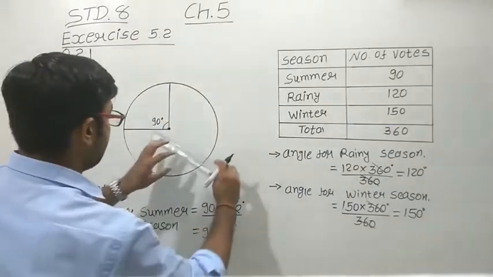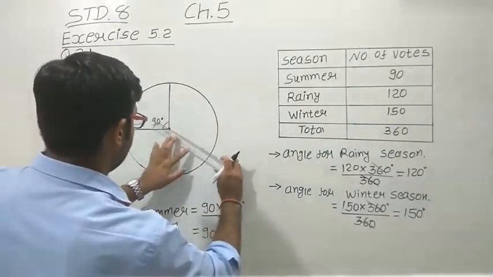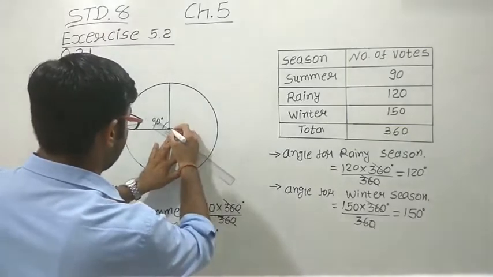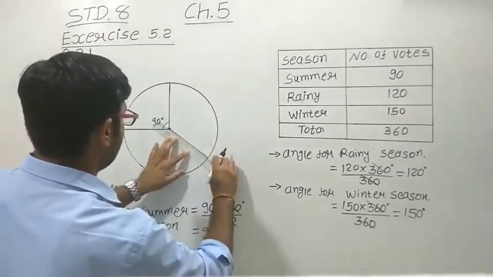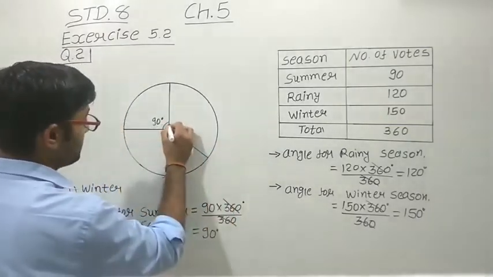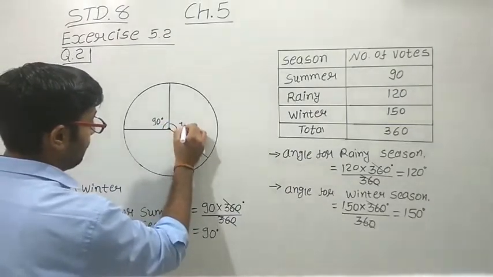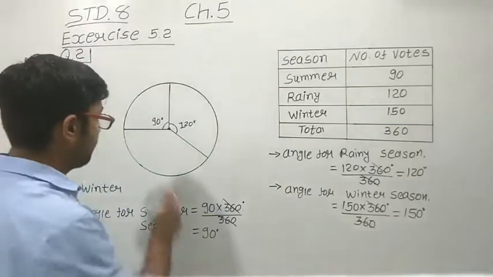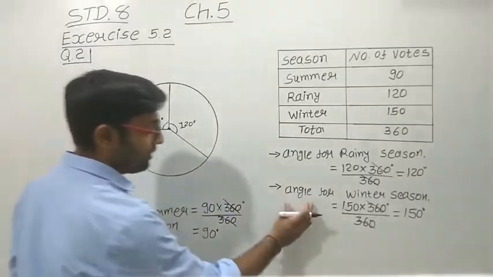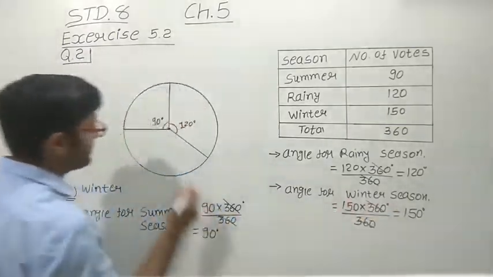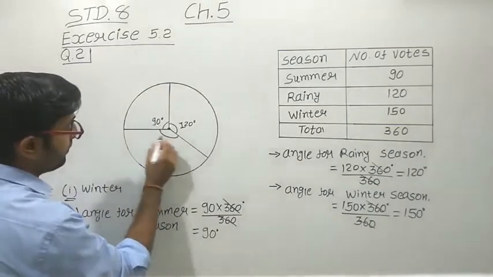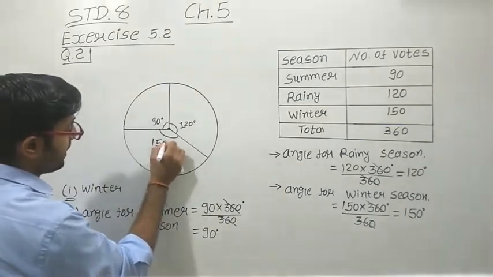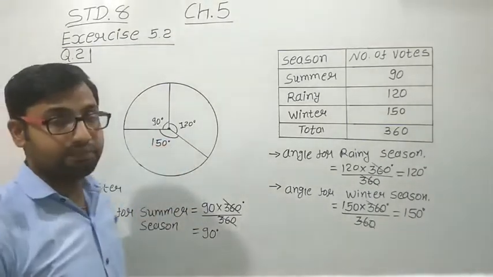So 120 degrees will approximately come here, right? So this is 90, and this is 120 degrees. Now whatever remains will be the angle for the winter season. So this much of the angle will be for the winter season, that is 150 degrees.